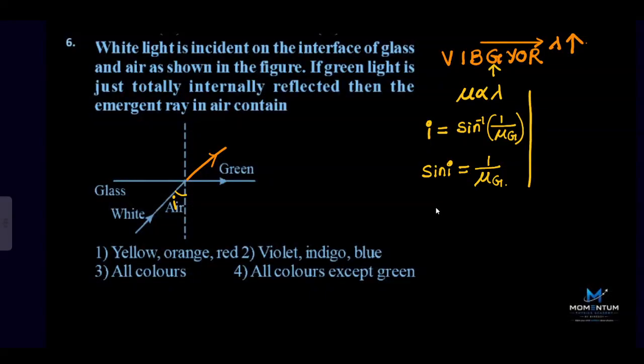Let us see whether it will be to the left side or right side. Let us talk about the red. What is the critical angle for red? The critical angle for red is sine inverse of 1 by mu red.